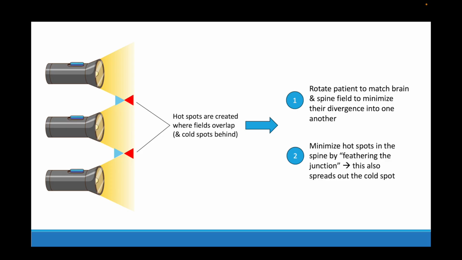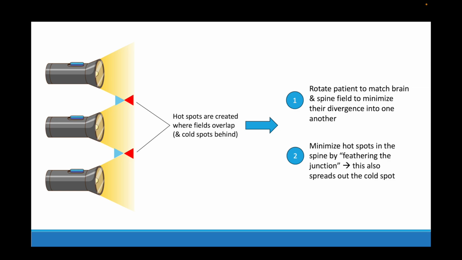So instead of having the same exact position in which those flashlights are stacked for the entirety of treatment, we have them stacked at a certain measurement for the first 5 treatments. And then after 1 week, we shift them by about 5 millimeters so that their positions are now different. And then we shift them again by 5 millimeters after another 5 treatments so that their positions are different.